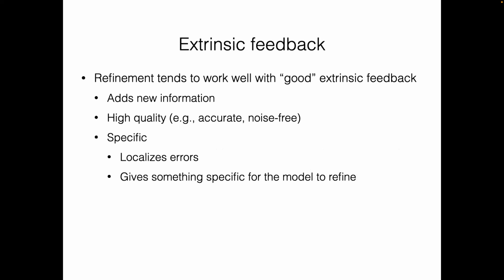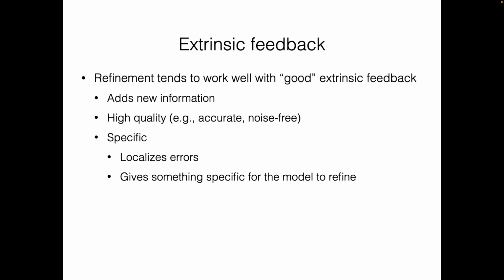So there have been several different successes with extrinsic feedback. And so this refinement can work well if you have good extrinsic feedback. So what are some things that constitute good? Well, again, it should add new information that the model maybe doesn't have access to. So we'll see some examples of that. It should not be noisy.